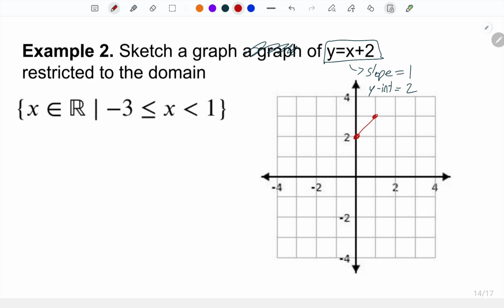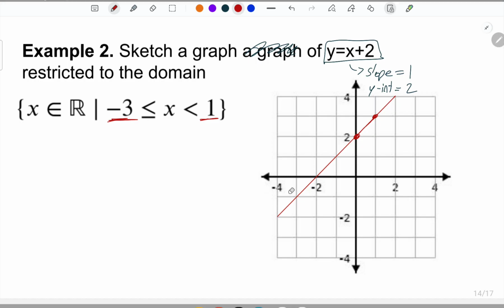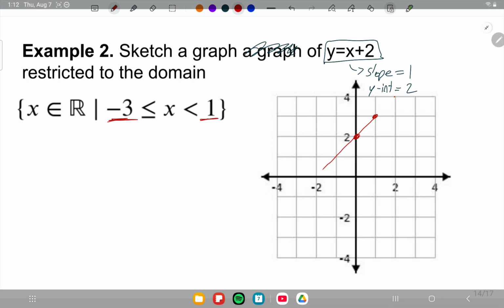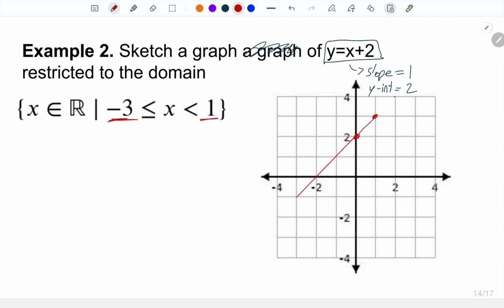So that's just a portion of the line. But now what we want to do is draw it from -3 to 1. So you could theoretically just draw it for the entirety, so that would be the whole line, and then just cut off the portions so that you're cutting it off from -3 to 1. So actually, I'm just going to cut it off right there at -3.